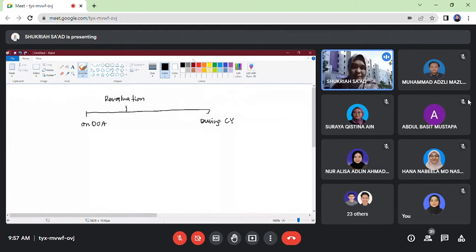Kita dia yang ni. Sebab apa pentingnya saya kata kita kena identify? Sebab kalau on DOA, effect dia dalam determine goodwill or bargain purchase.